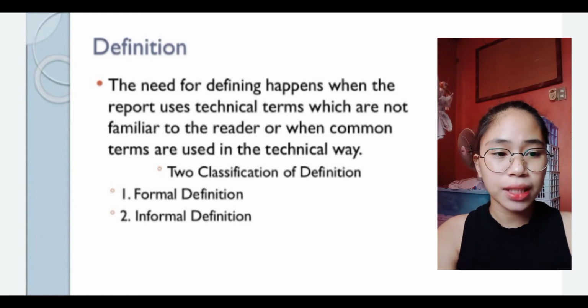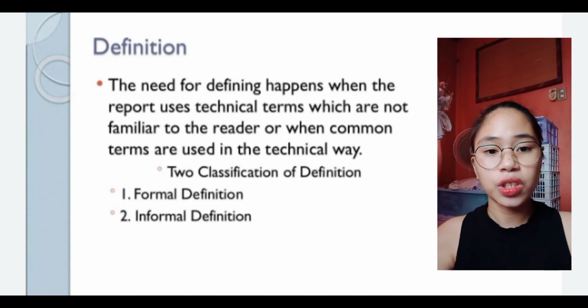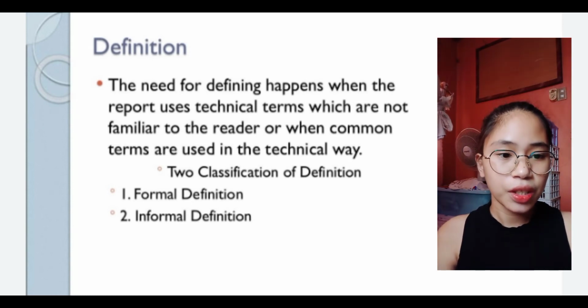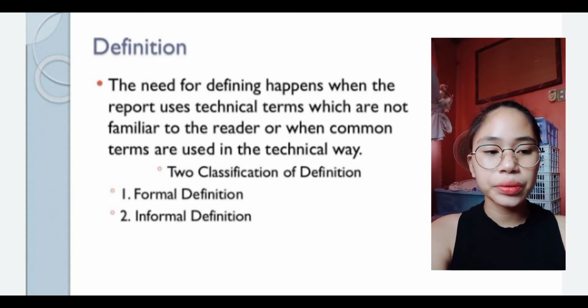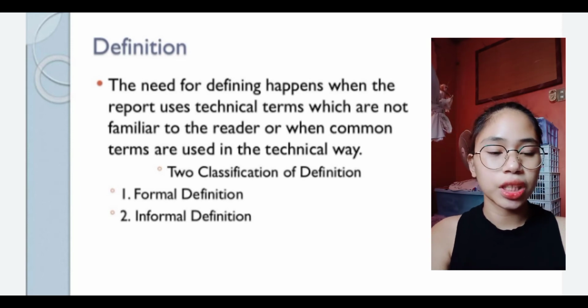Definition can be formal or informal. So there are two classifications of definition: formal definition and informal definition.